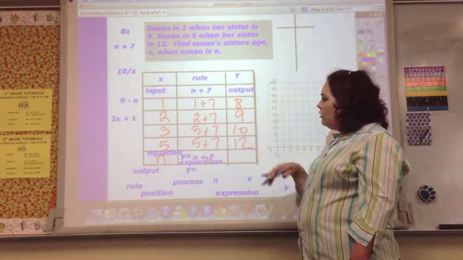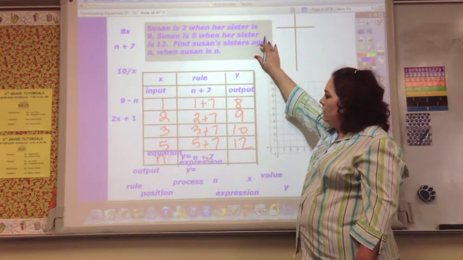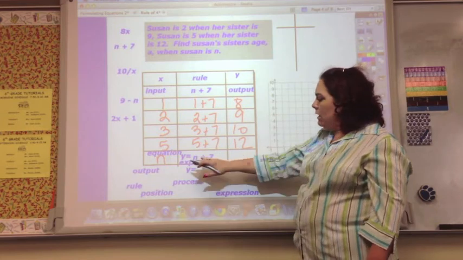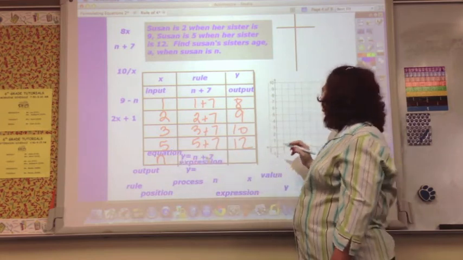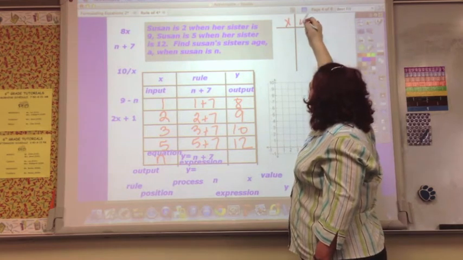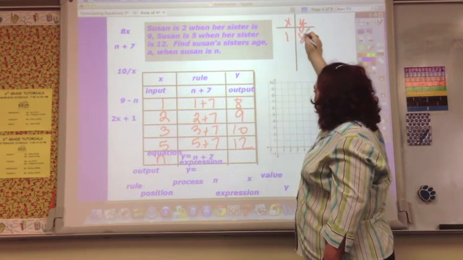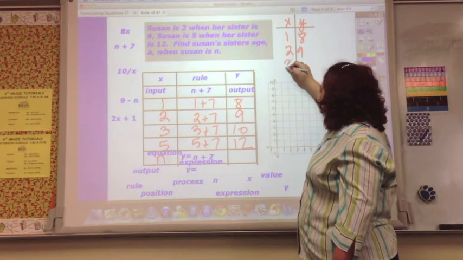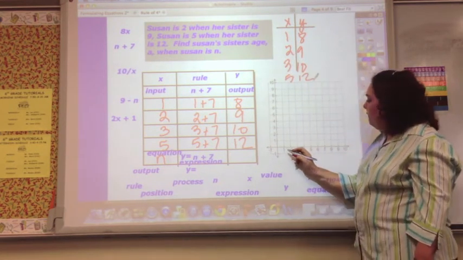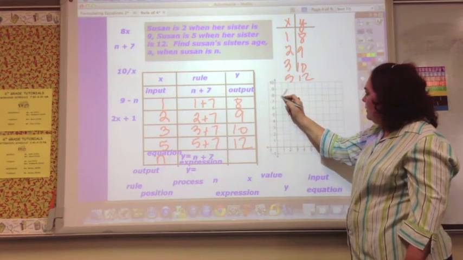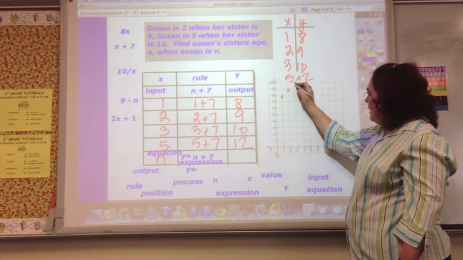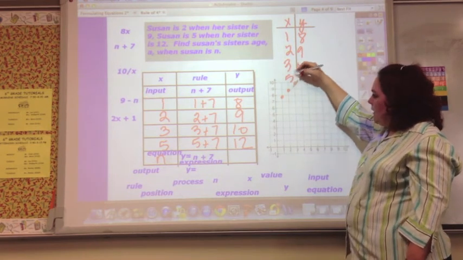So that gives you a picture. So this is the situation, this is the table, and this is the equation or expression, and then I'm going to label my x and my y. So 1 and 8, 2 and 9, 3 and 10, 5 and 12, and then I'm going to graph it. 1 and 8, 2 and 9, 3 and 10, and then my graph doesn't go any higher.